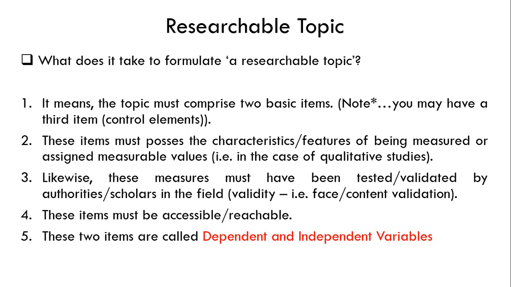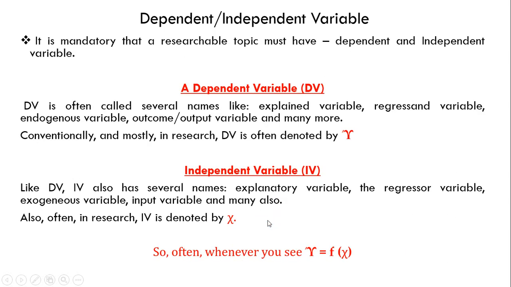Basically, what we are saying here is that the two main items expected in a researchable topic, as you can see here on number 5, are the dependent and independent variable.